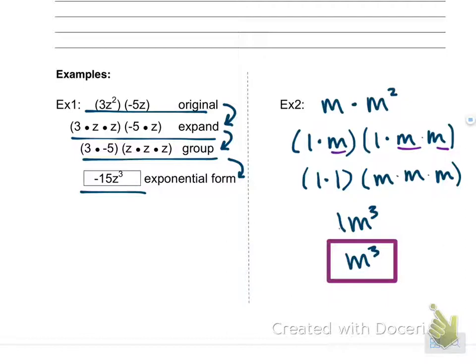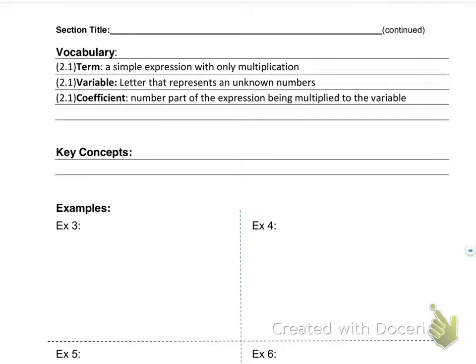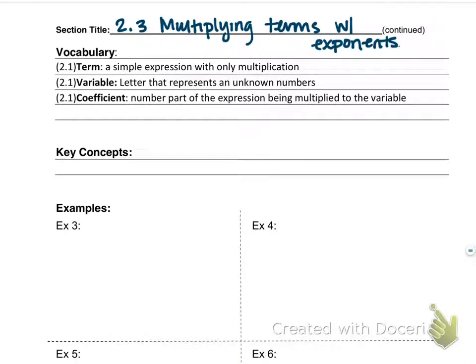Let's take a look at our next set of examples. And please add in that we have 2.3 for our section title, multiplying terms with exponents. So in that section title, we're just making sure that we're organized. And again, 2.3, we're multiplying terms with exponents.